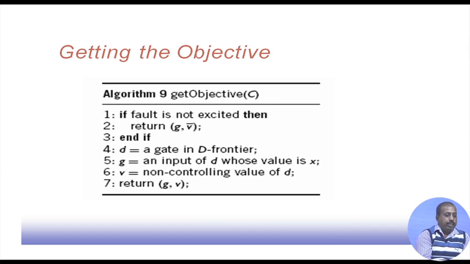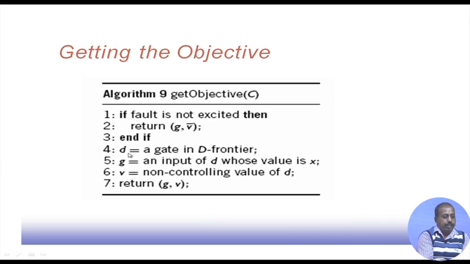So, we generate new objectives. If the fault is not excited, then we return g, v bar. This is the new objective that we have to justify: the line g put at value v bar. If the fault is already excited, then it will come to this part.